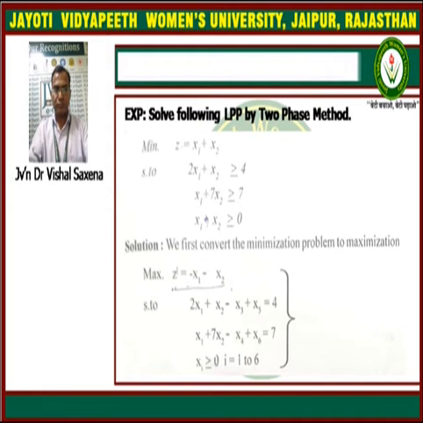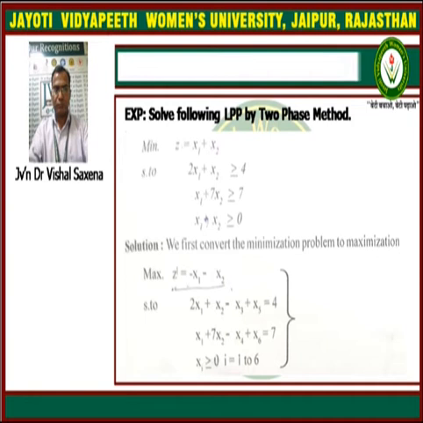Next we start to solve the question. First we convert our minimization problem to a maximization problem, so we multiply the objective function by a minus sign, and z becomes z dash, where z dash equals minus z.